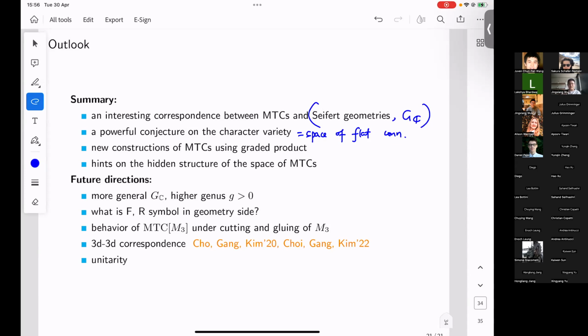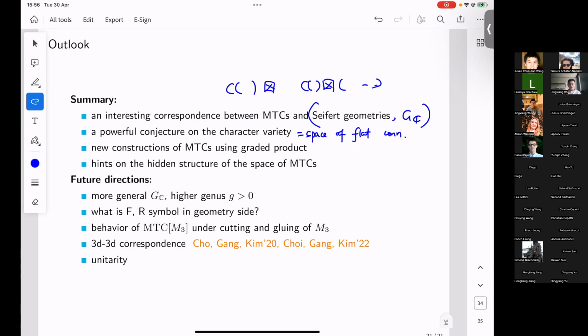And we pretty much know everything about this MTC. Everything can be computed. So we now know what this character variety looks like for any number of fibers, any gauge group.